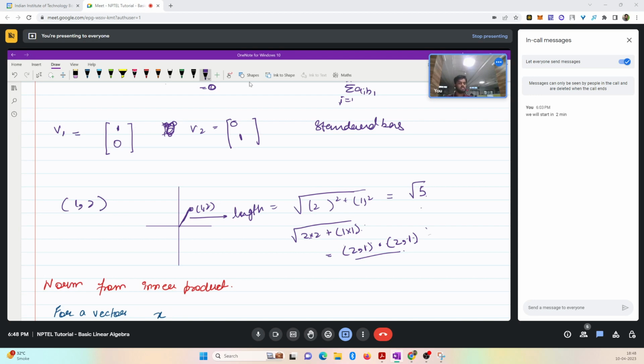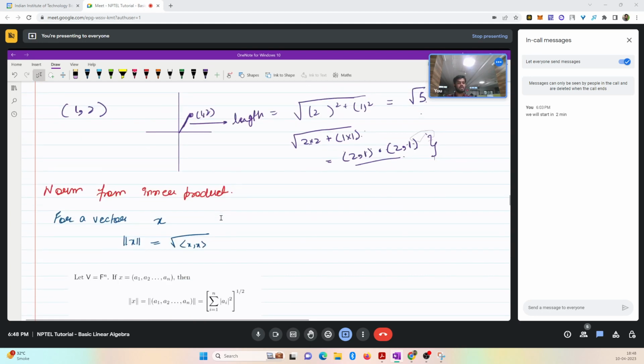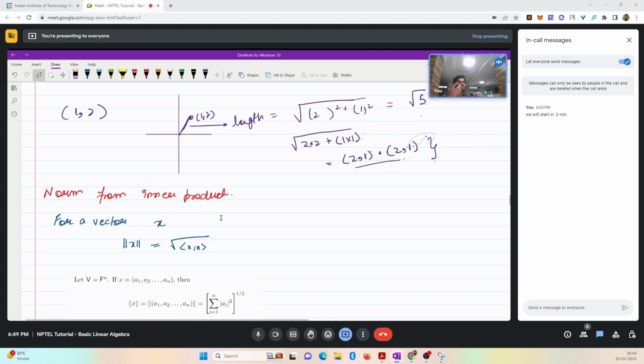So from this idea, we can generalize the notion of distance. As we discussed, we can have more than one inner product on some space. So now from that particular inner product, we can define the length of vector x as the square root of the inner product of x with itself.